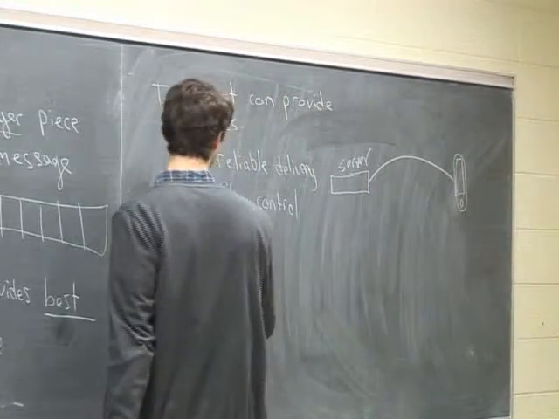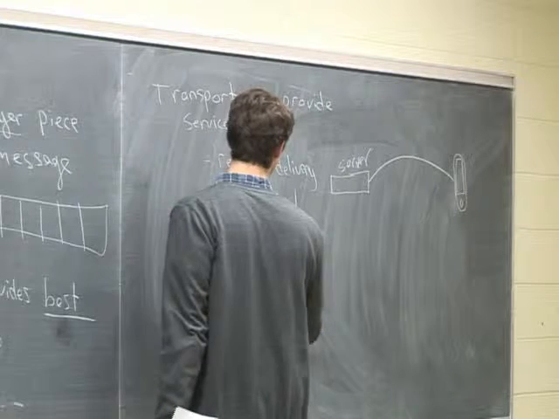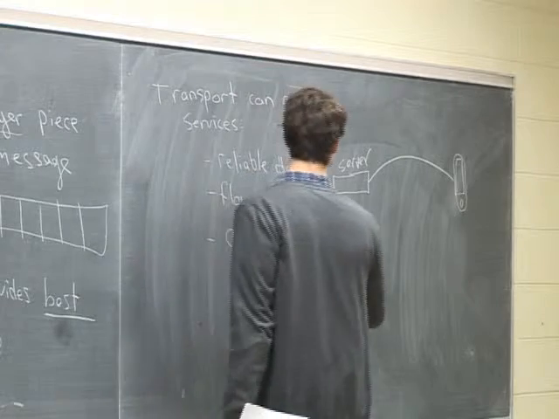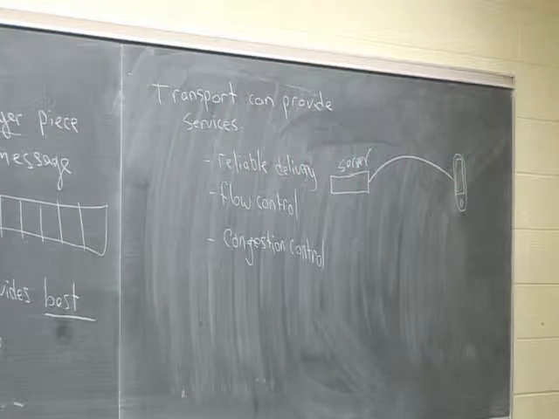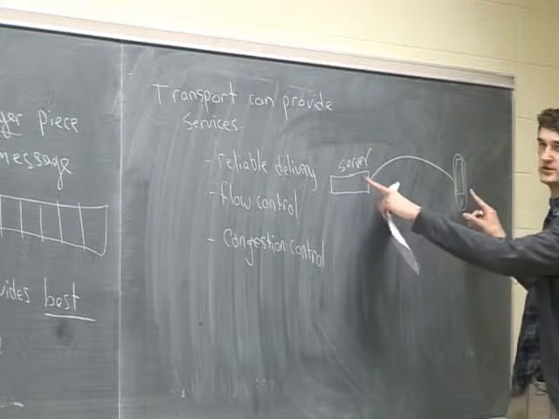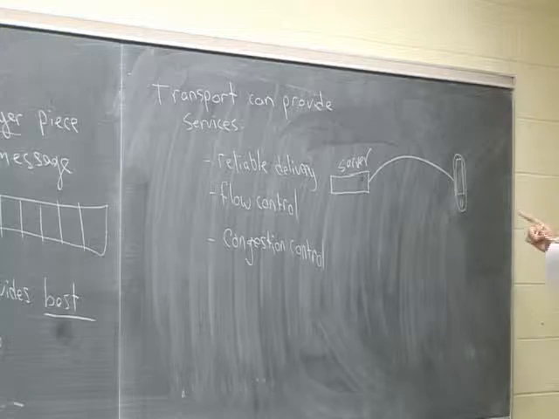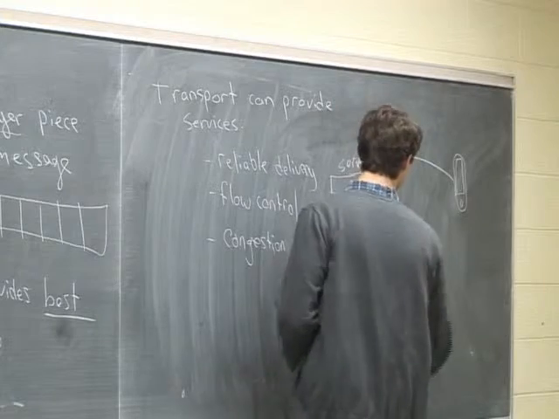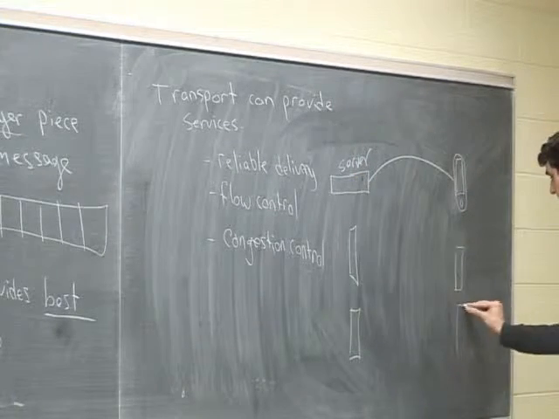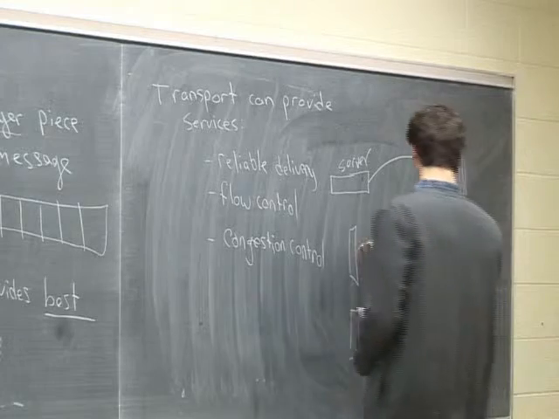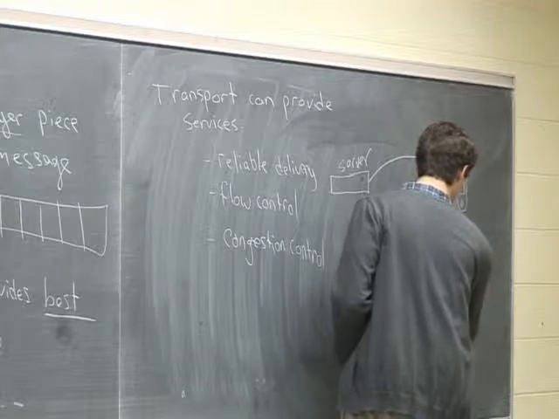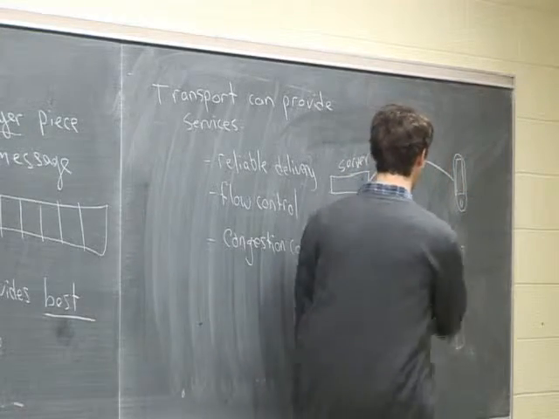And then a related concept is congestion control. So congestion control handles a similar scenario, except in flow control you can think of the congestion as being at the endpoints, but in congestion control the congestion is in the middle of the network. So suppose we have a scenario like this, where we have 4 PCs, each sending to another one, and somewhere in their paths they share a link here, okay?